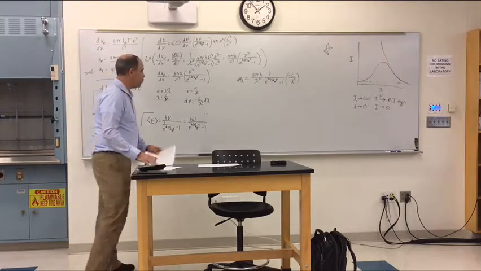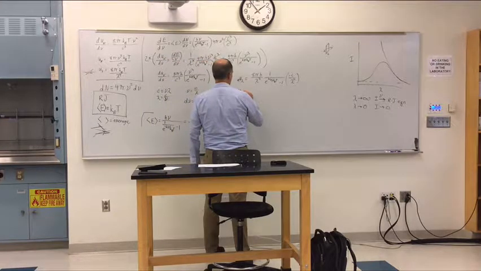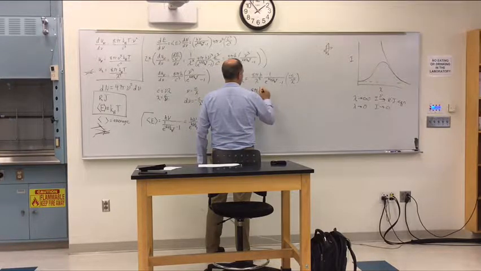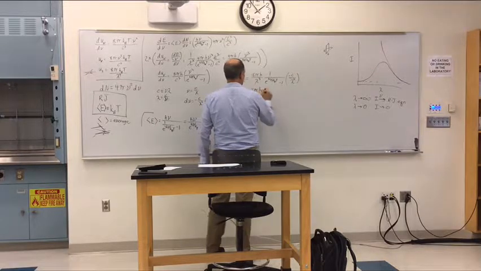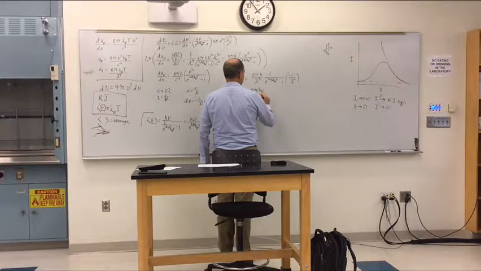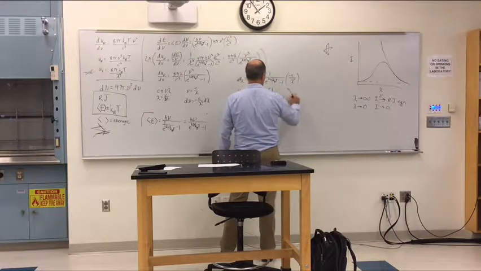So we can re-express this as, let's see, 8 pi hc over lambda to the fifth power, 1 over e to the hc over lambda k bt minus 1.